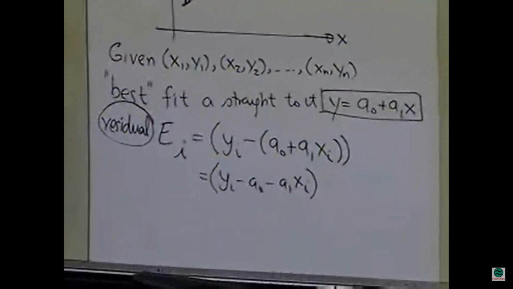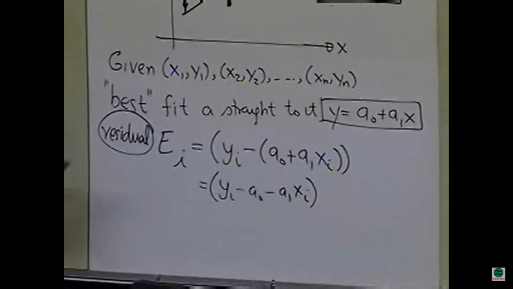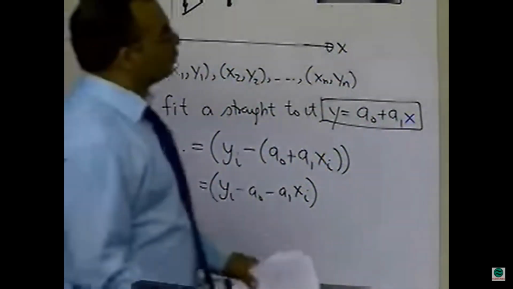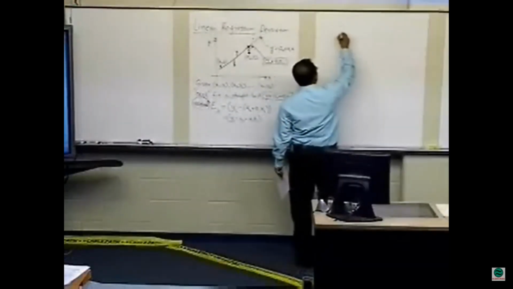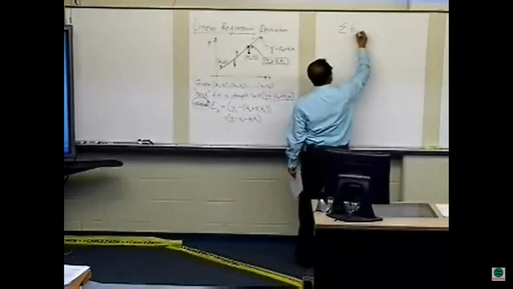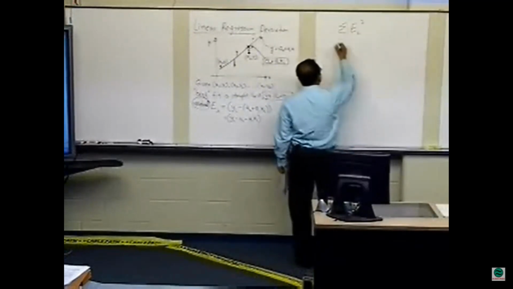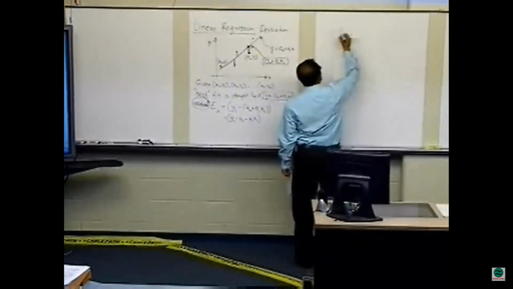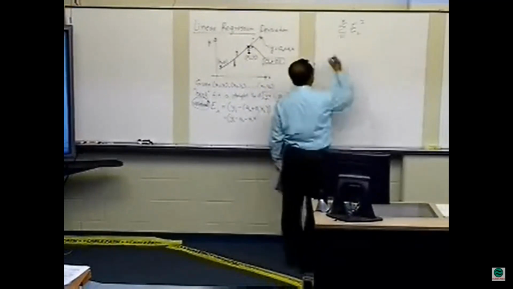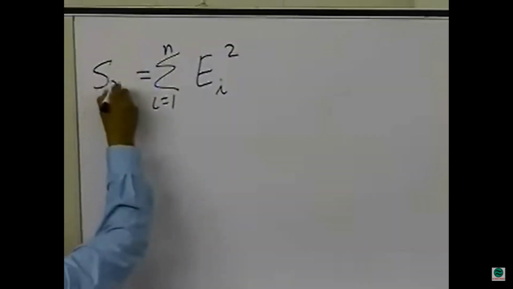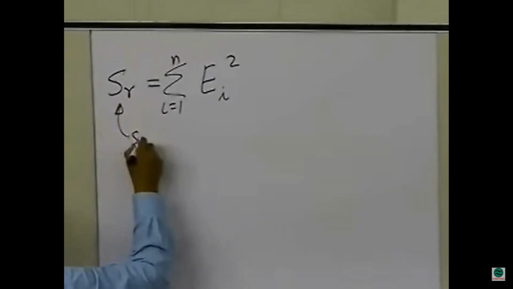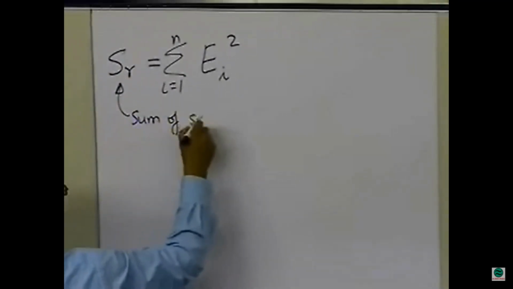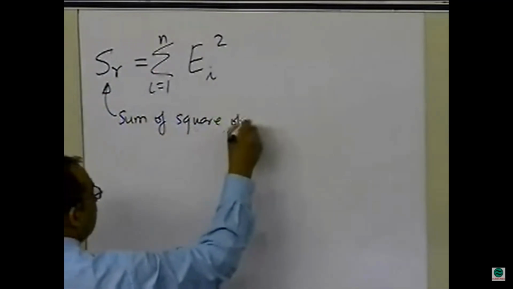Now what you want to be able to do is somehow make these residuals small everywhere. One of the criteria used is to simply take all the errors, square them, and then add all those squared errors, which is sometimes called SR, which stands for sum of the square of residuals.